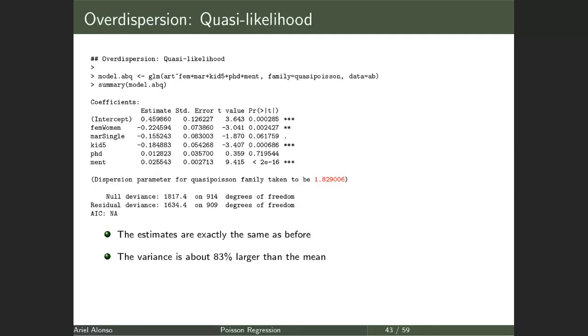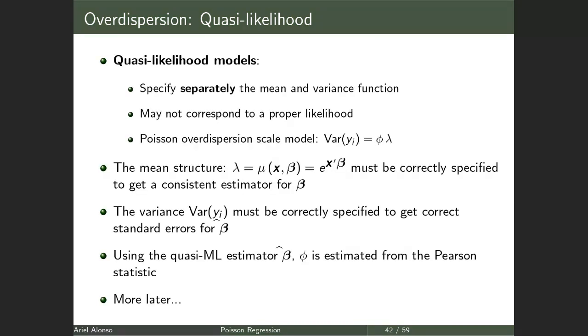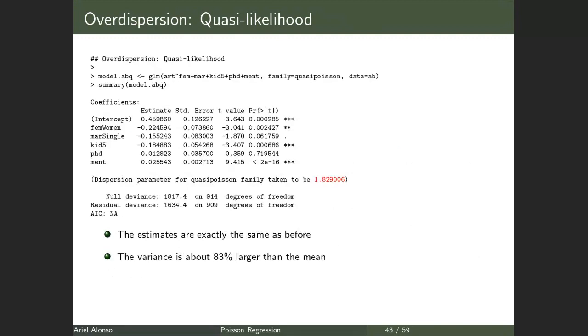So you really see that you have over dispersion here. The variance is about 83% larger than the mean, because remember that we are now modeling the variance as psi times the mean. It is not anymore equal to the mean, but psi times the mean, and psi is about 1.83. So we do have over dispersion here.